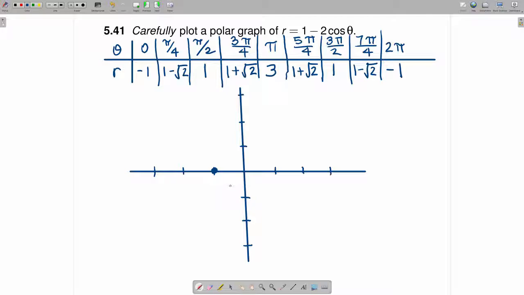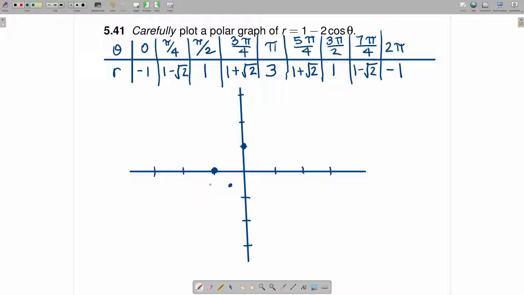That puts us about right here. The next one is pi over 2 and 1. Pi over 2 is in this direction right here. And 1 is 1 unit away from the origin. And that's this point right here.